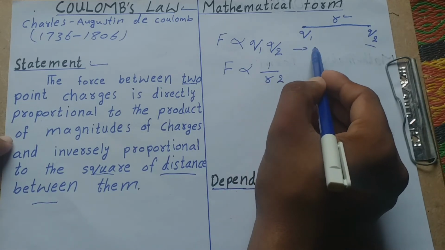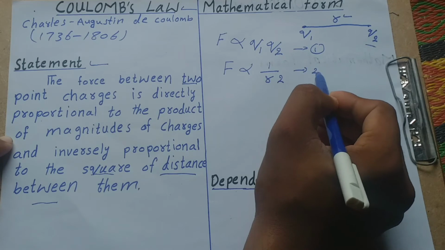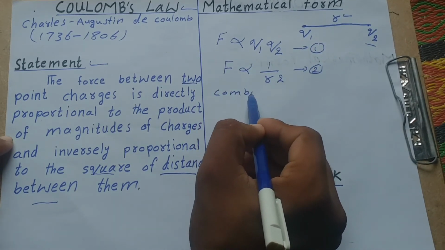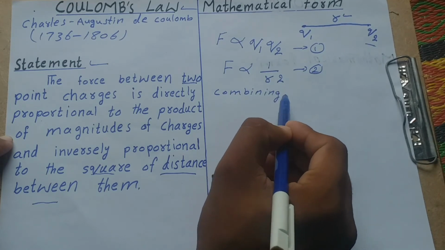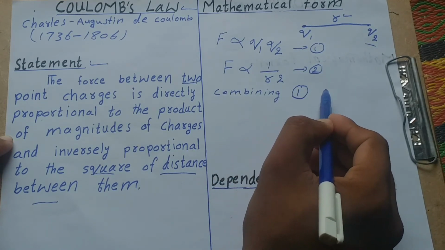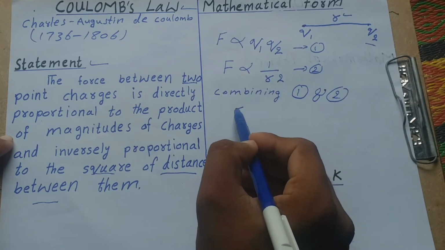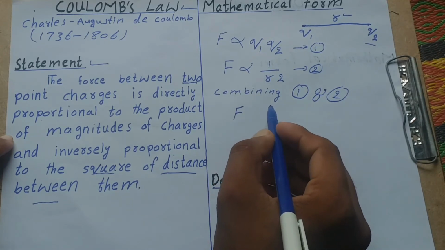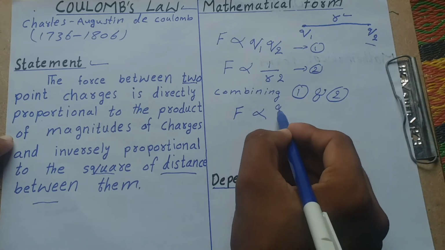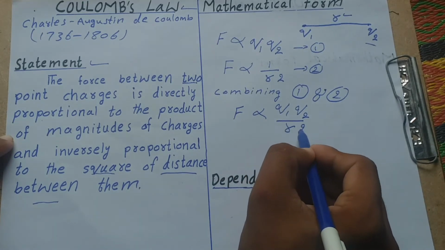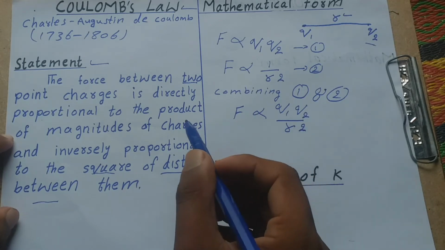This is equation 1 and equation 2. Combining equations 1 and 2, F is equal to Q1 Q2 over R squared.